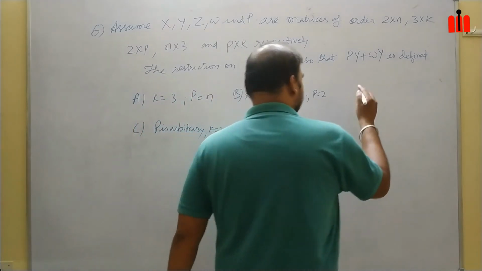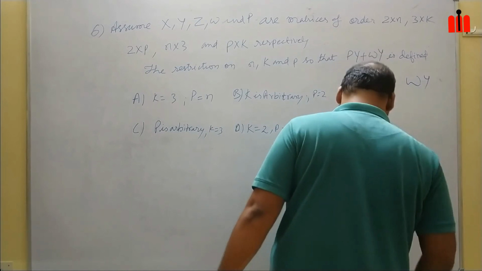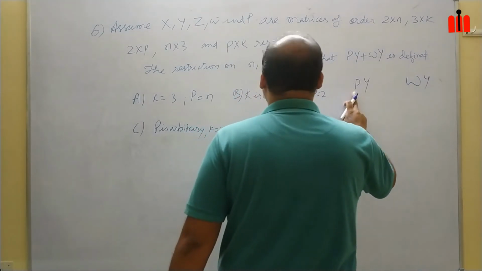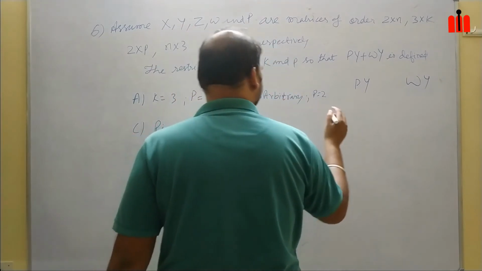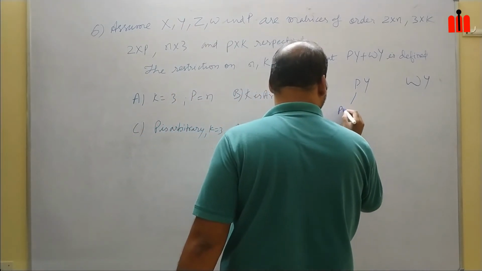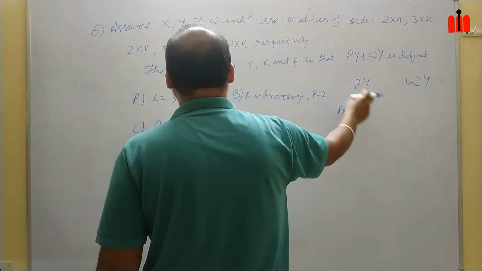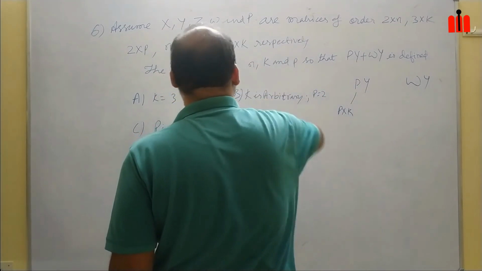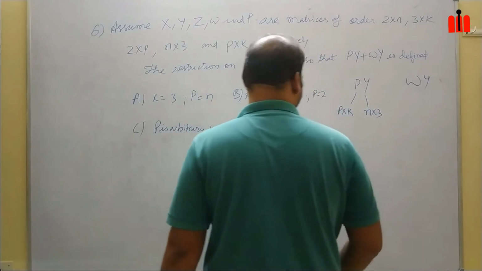So let's write that. First they are telling PY and WY. What is P? P has the order P by K. What is the order of Y? Y's order is N by 3.